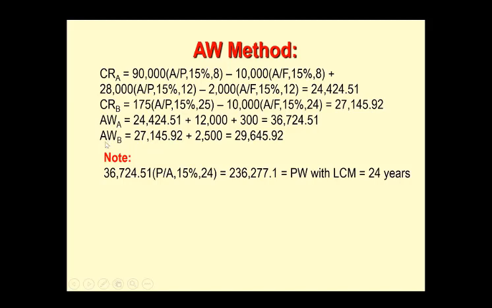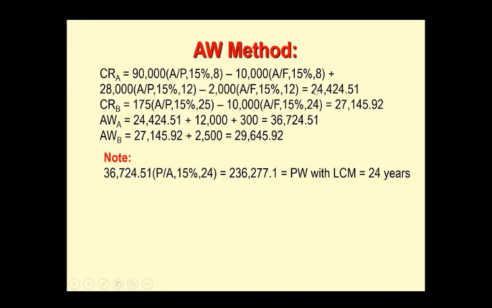We can see that plan B is better because its annual worth of cost is smaller than that of plan A. So if we use the annual worth method to compare in these problems, we do not have to do a lot of calculation.